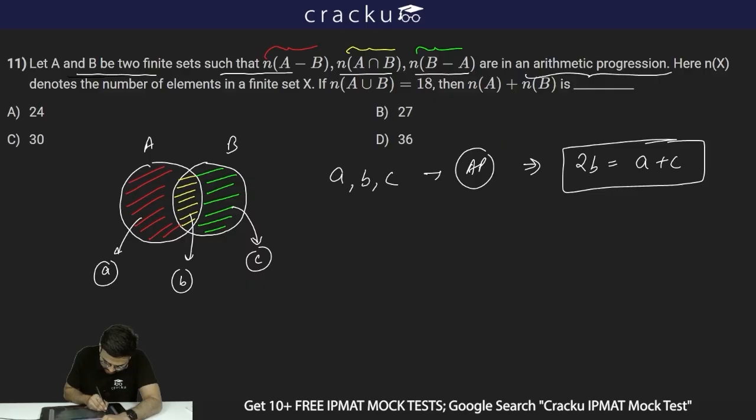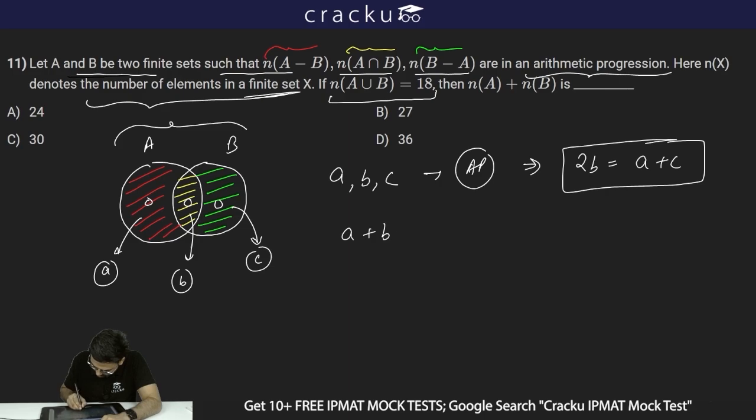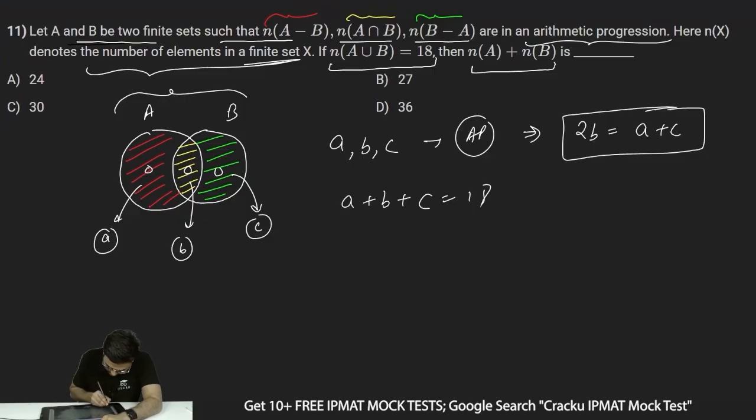Here n(X) denotes the number of elements in a finite set X. If n(A union B) is 18, so the total number of elements in this entire set, this plus this plus this, so a plus b plus c, is 18, I have to find out the value of n(A) plus n(B). So what is n(A)? n(A) is a plus b. For all the elements of set A, I have to consider this part plus this part.